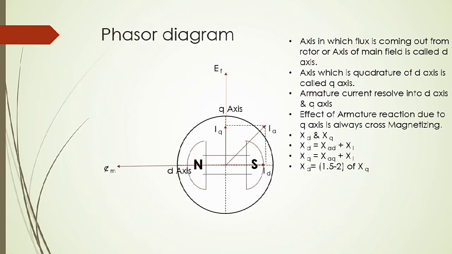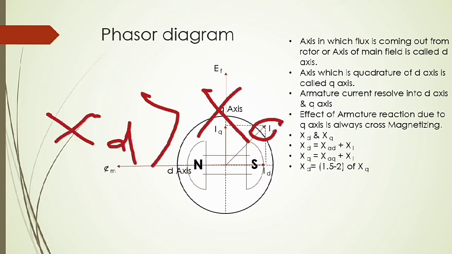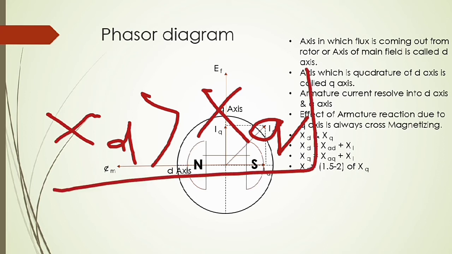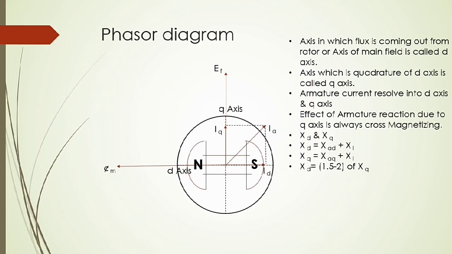Okay, so one thing we have to be clear about: the value of Xd is actually greater than the value of Xq. Why is it so? Because we know in the d axis the air gap is small, and in the q axis the air gap is large. Armature reaction is inversely proportional to air gap.